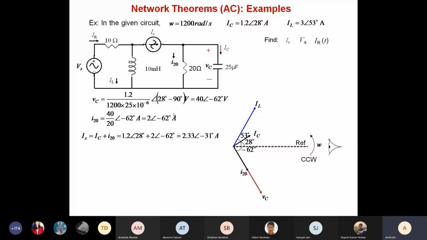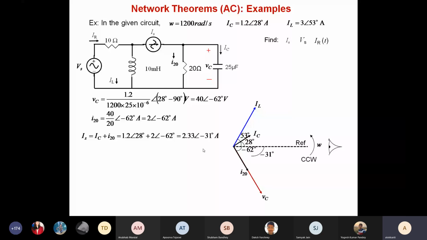In your graph paper you can even just complete the parallelogram and find the current IS, or you can do the complex addition and find the value of IS, which will have some magnitude and some angle. Its magnitude is 22.33 with an angle of minus 31 degrees. So IS will be lying somewhere here.